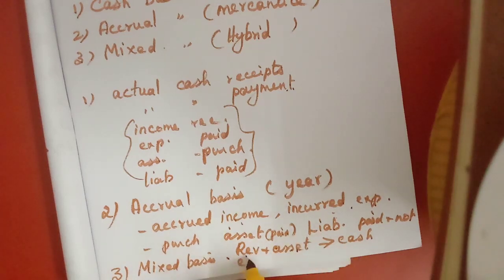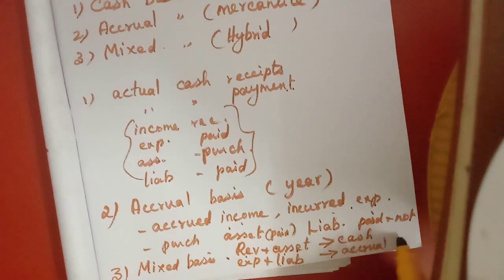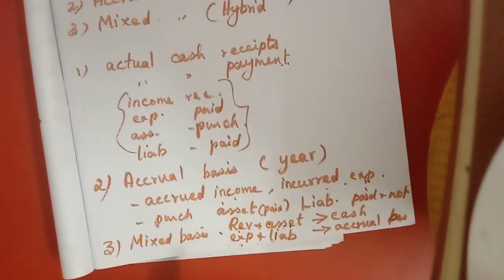Then the expenditure and the liability they will enter on accrual basis. Whether we have paid or not, if that expenditure is related to that particular financial year, they will enter it, and the liability also. But income and asset, these two they will enter only on cash basis. Okay, students, I think you might have understood this one.